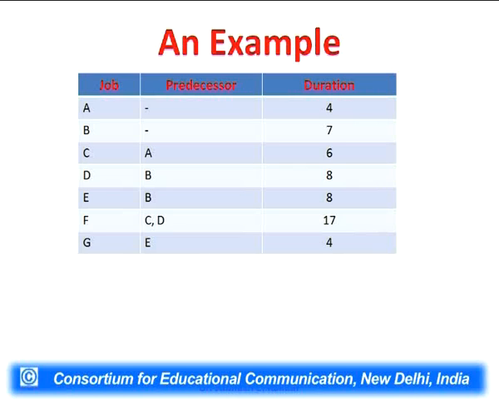Now how to draw it? First we will make a node. We can draw this network in two ways. One is activity on node, and the other method is activity on arrow.